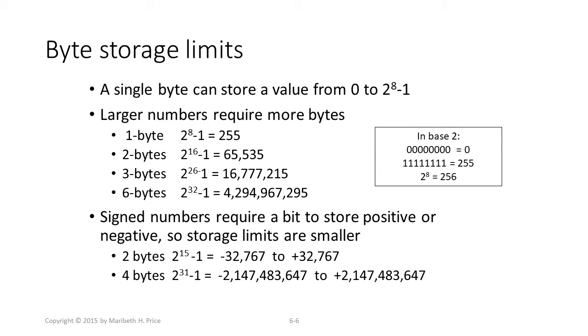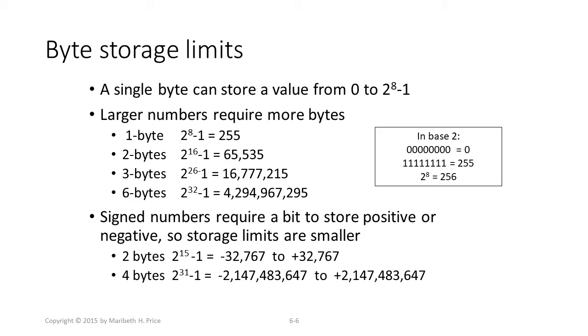So what are the limits? This is where it becomes important. We're not going to be quizzing you or testing you on your understanding of how the binary system works. What matters is a single byte is a value between 0 and 2 to the 8th minus 1.